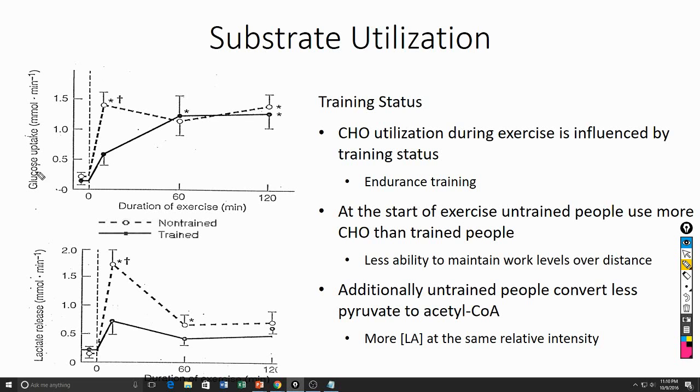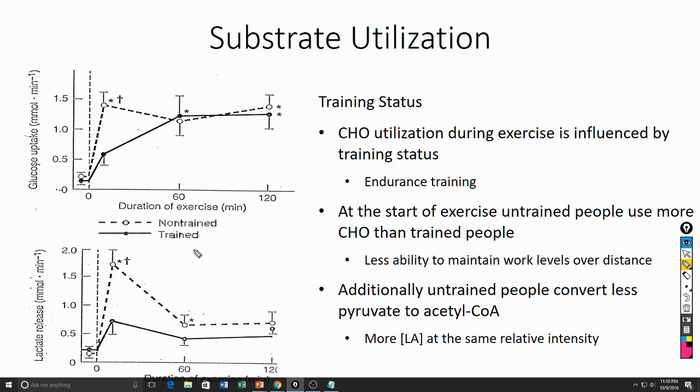So that makes sense: you have less glucose uptake if you're more well trained, because you don't need as much. An untrained person who doesn't have good aerobic capacity is going to burn glucose as early as it can and as much as it can. So you're going to see a lot of glucose uptake here. After an hour of work, glucose uptake is about the same, and then at 2 hours, about the same as well.